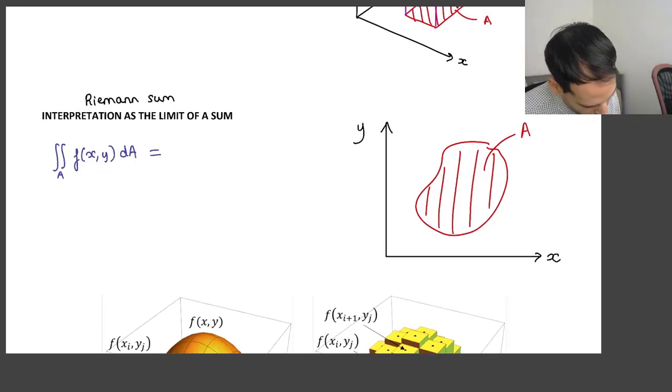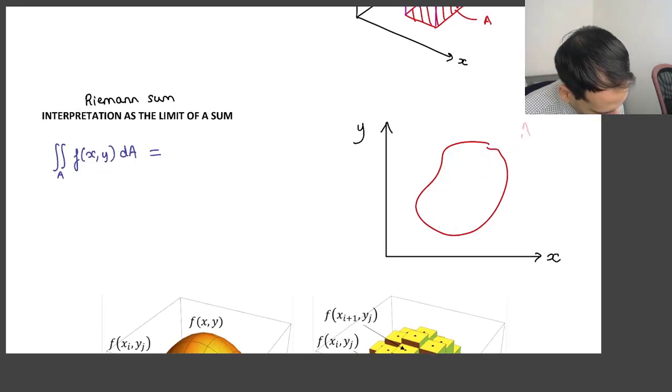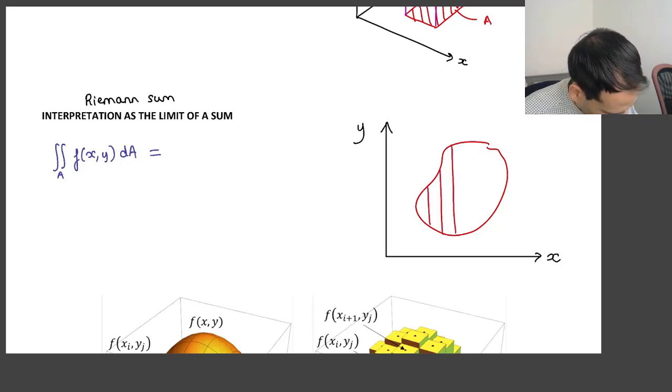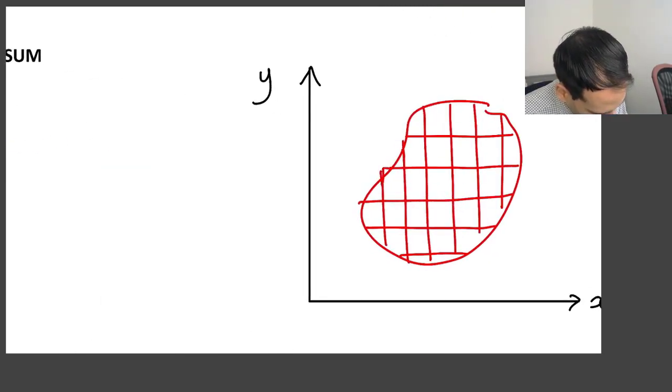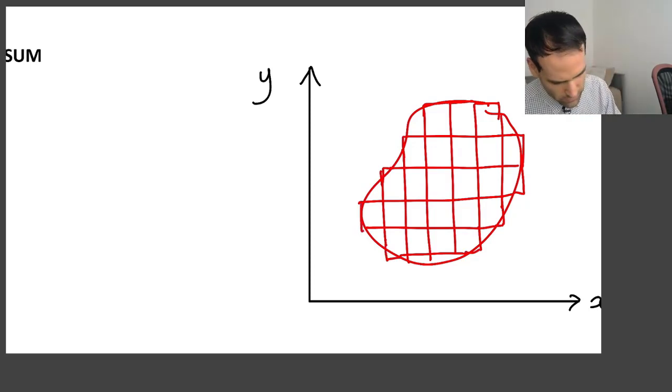Well, we can choose any division we want, but let's say we choose a rectangular grid, something like this. And let's say we only choose those squares where most of the square is inside of the area, and we ignore those squares that are mostly outside of the area. So we would count these squares.